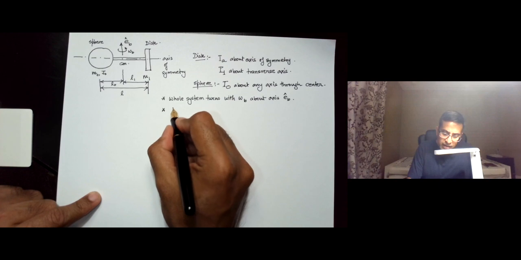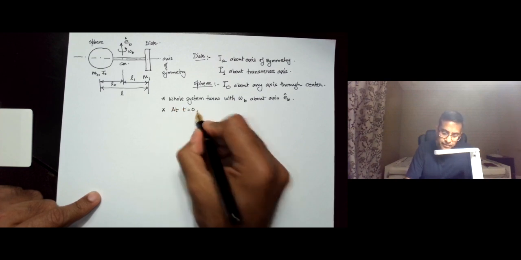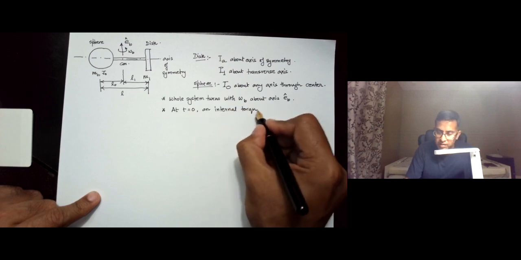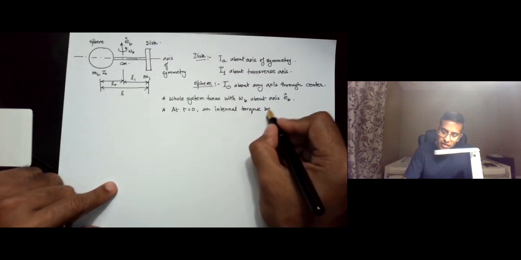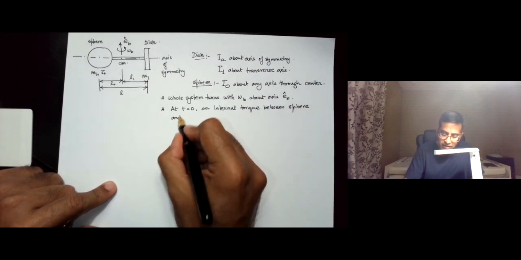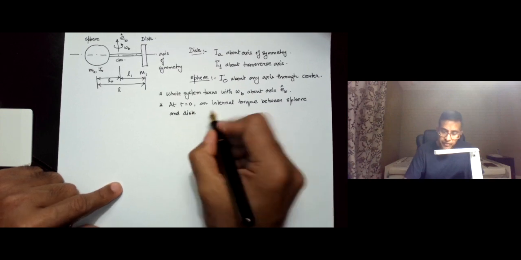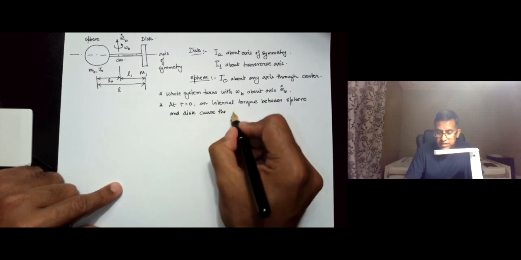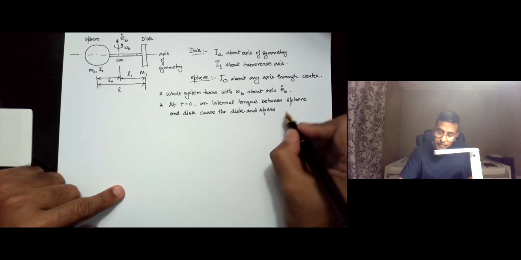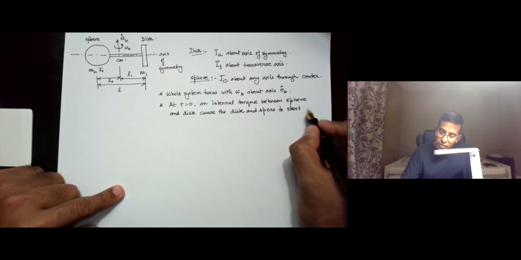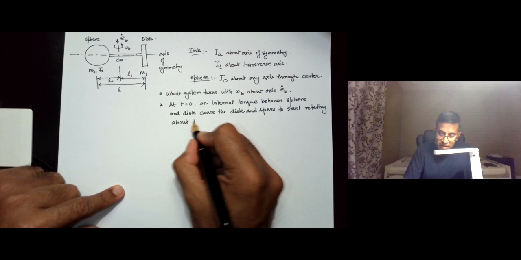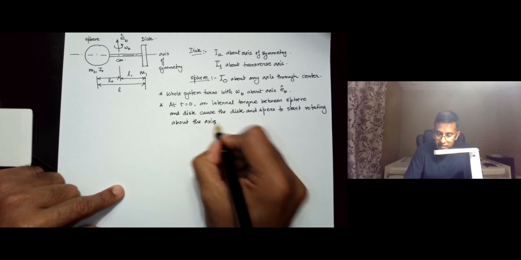Now it is also given that at t equals 0, an internal torque between sphere and disk causes the disk and sphere to start rotating about the axis EA.